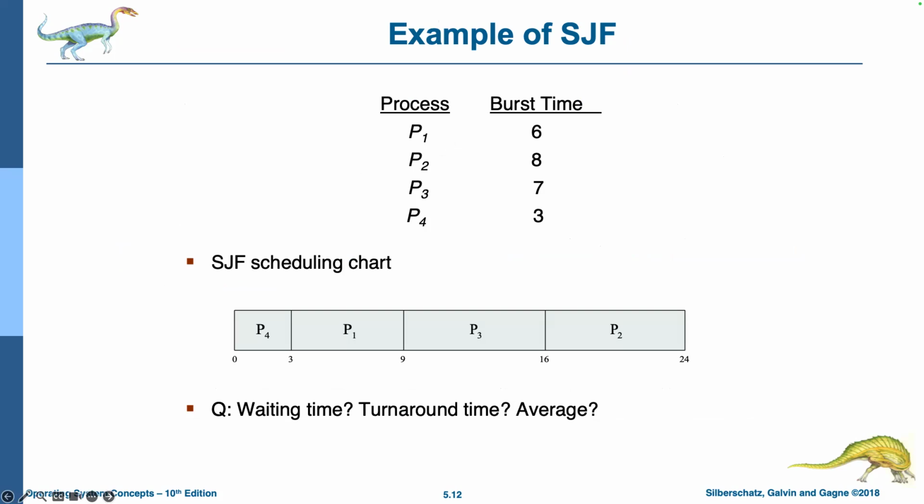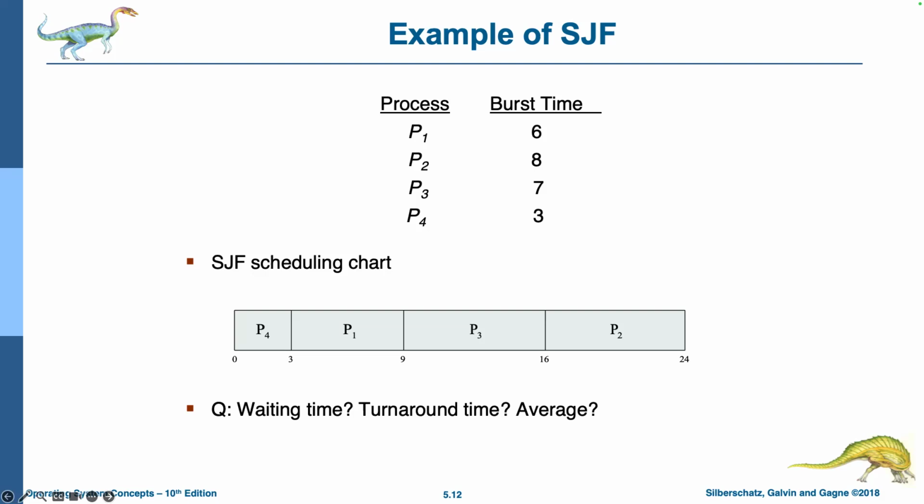What's the waiting time? The waiting times are 0, 3, 9, 16 for processes P4, P1, P3, and P2 respectively.